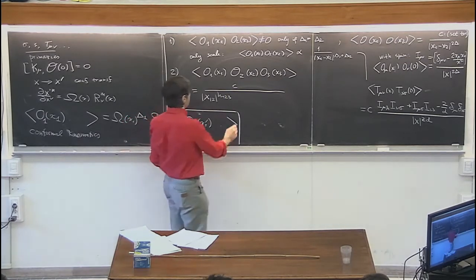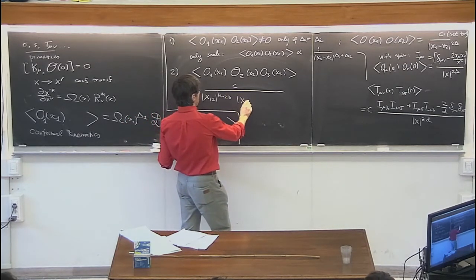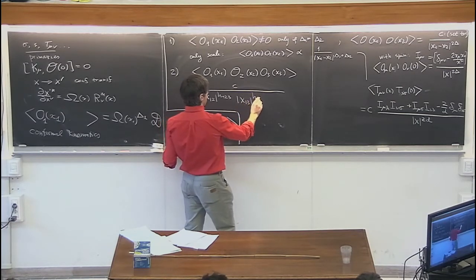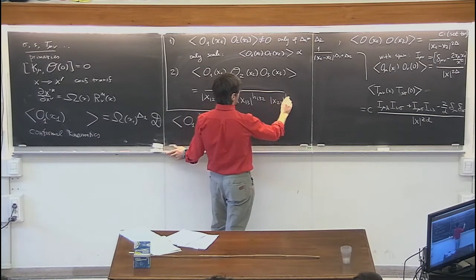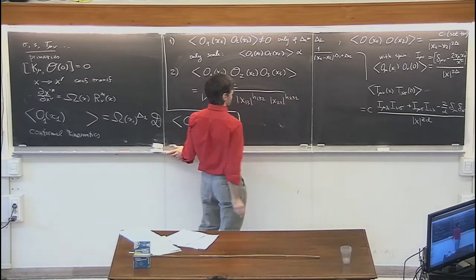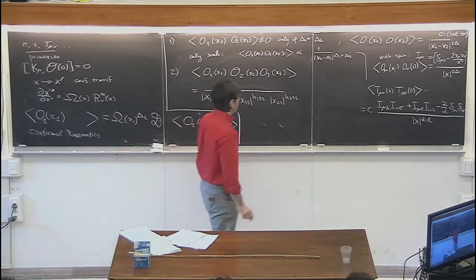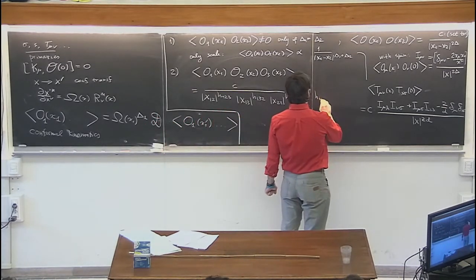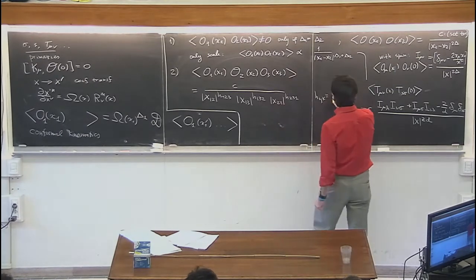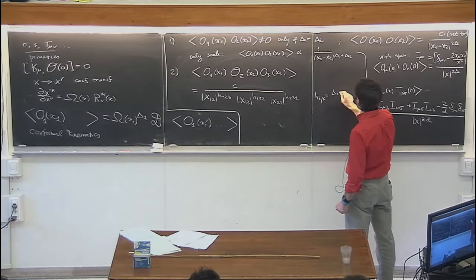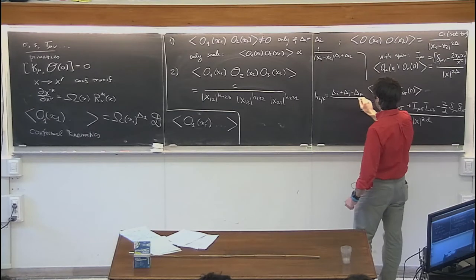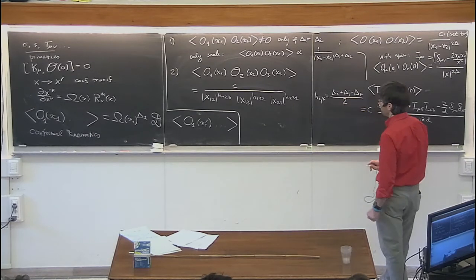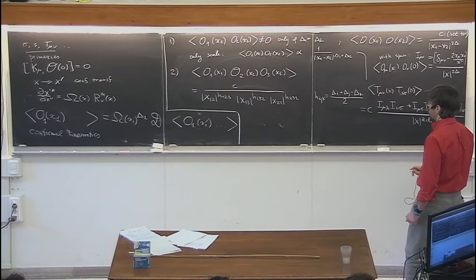I'm going to write down what's equal to x13 to the power h132 and x23 to the power h231. This number hij is equal to delta i plus delta j minus delta k, divided by 2.